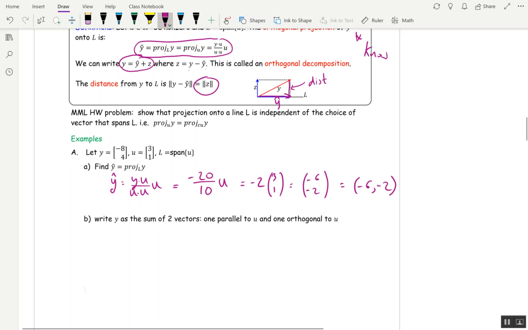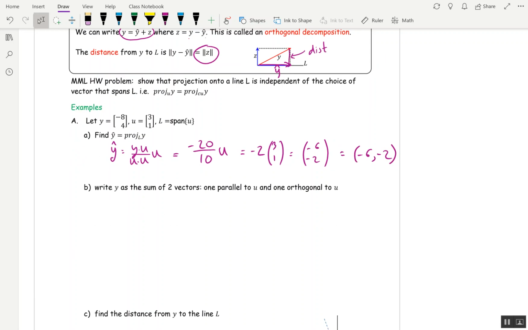All right, now write y as the sum of two vectors, one parallel to u. We already did that. The one parallel to u is y hat, and one orthogonal to u. That will be z. So z is going to be y minus y hat. Y is -8 comma 4. Now I want to subtract y hat, -6, -2.